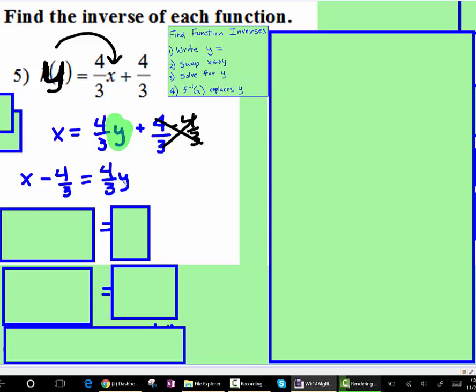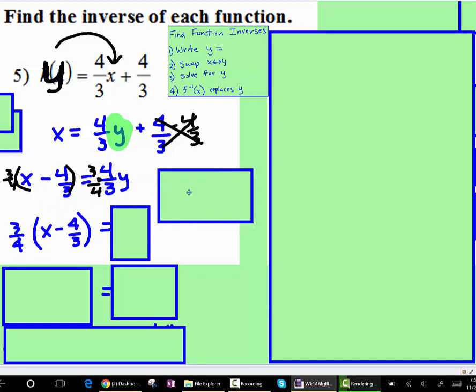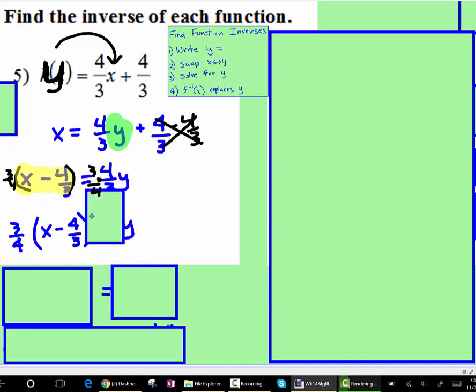Now we need to get the y by itself, and 4/3 is attached by multiplication. Typically we think of dividing, but remember, division is the same as multiplying by the reciprocal, which is I think what I did right here. Notice I put parentheses around this stuff before I multiply, because you have to multiply everything by 3/4.